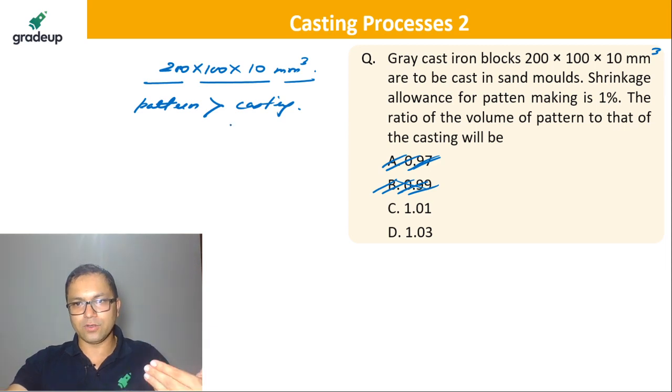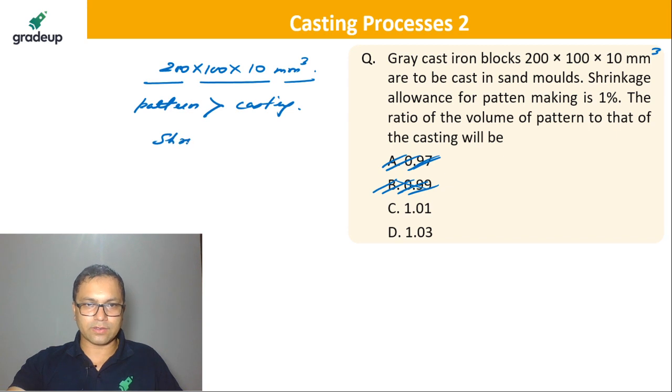Now what it says is shrinkage allowance for pattern making is 1%. So what is given is shrinkage allowance per side, that is nothing but 0.01.